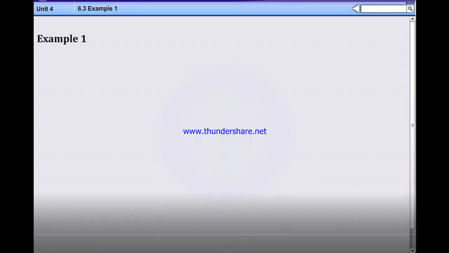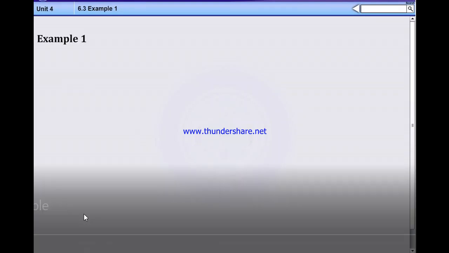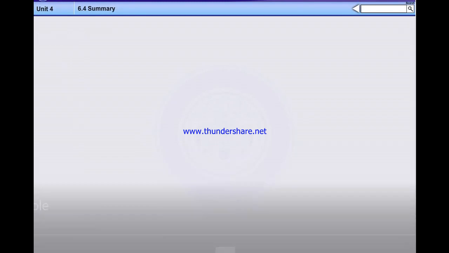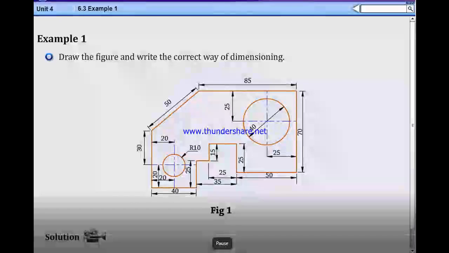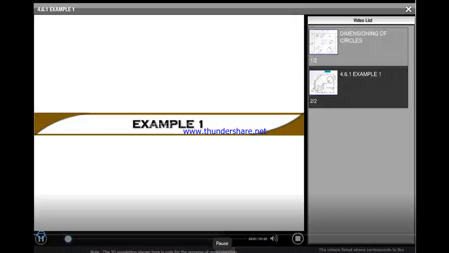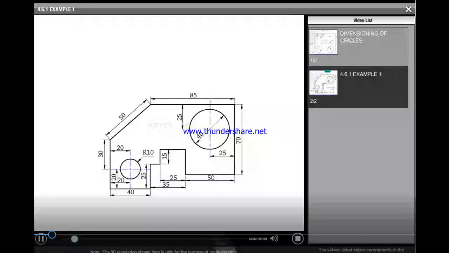Let us take an example. Dimensioning practice. The given view contains dimensions represented wrongly.